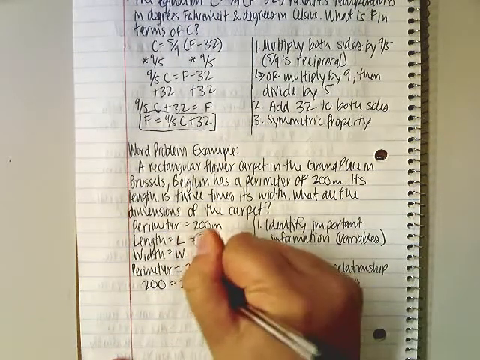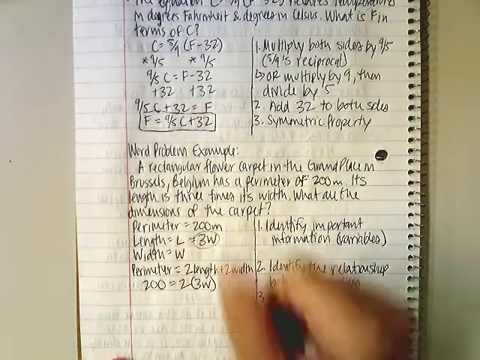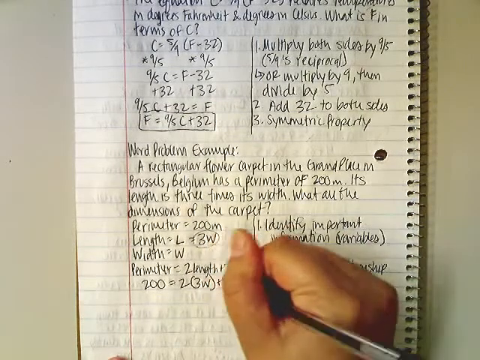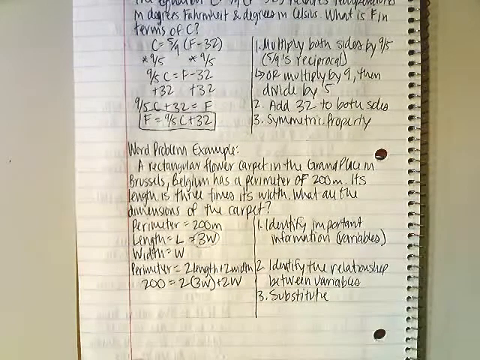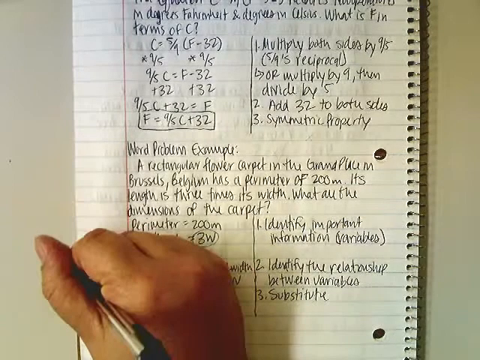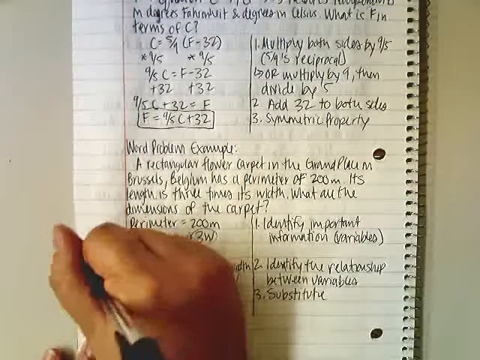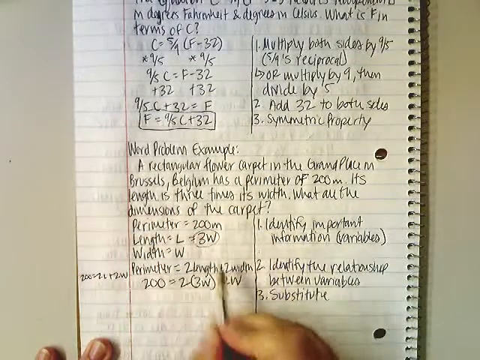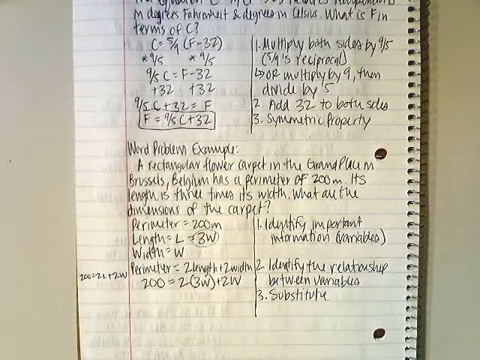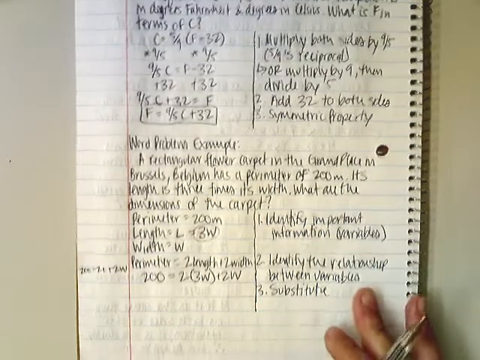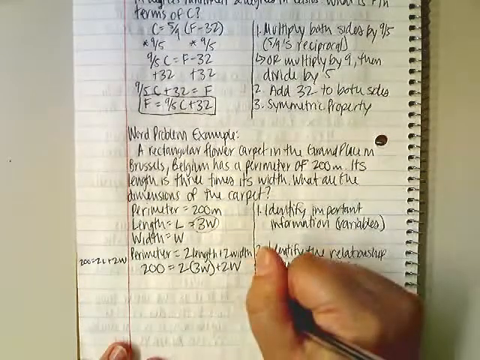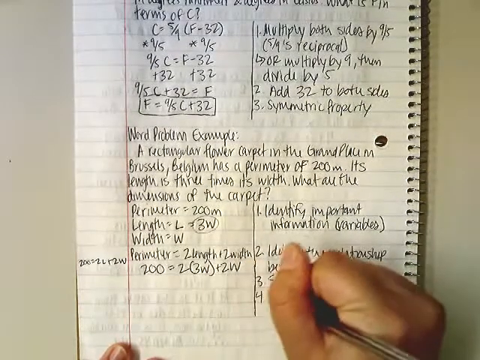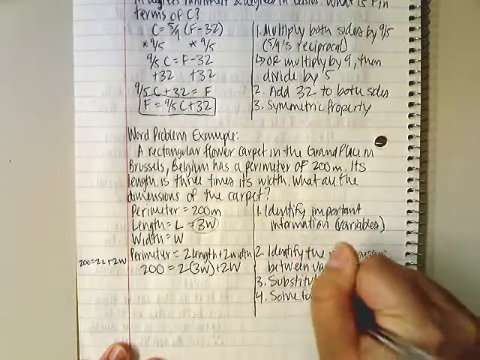So it's 2 times 3W, plus 2 times the width, which I'm calling W. If you want to do the in-between step, I'll write it really small off to the side. It'd be 200 equals 2L plus 2W, and then I substituted 3W for L. So then I'm going to, step 4, solve for W.